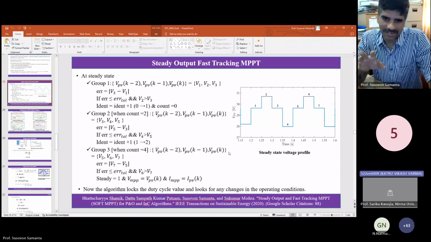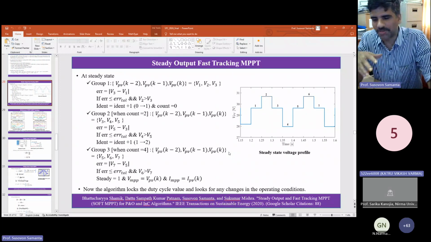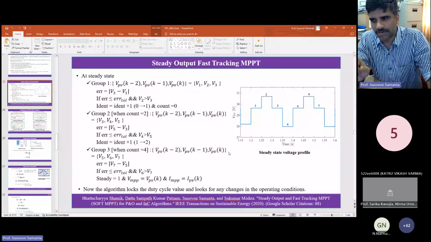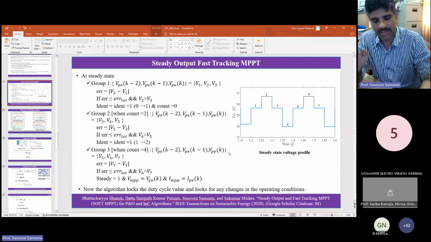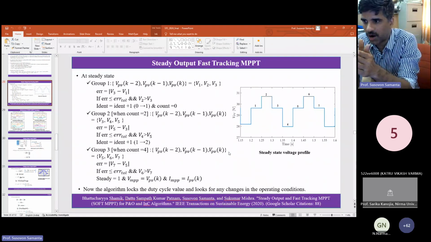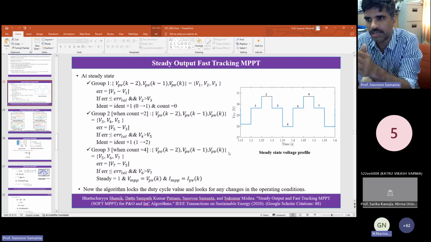See, obviously, as you said, if you go to a higher-bit ADC, you can take more samples. But one important factor is the perturbation step size: how much you want to change your duty ratio internally.